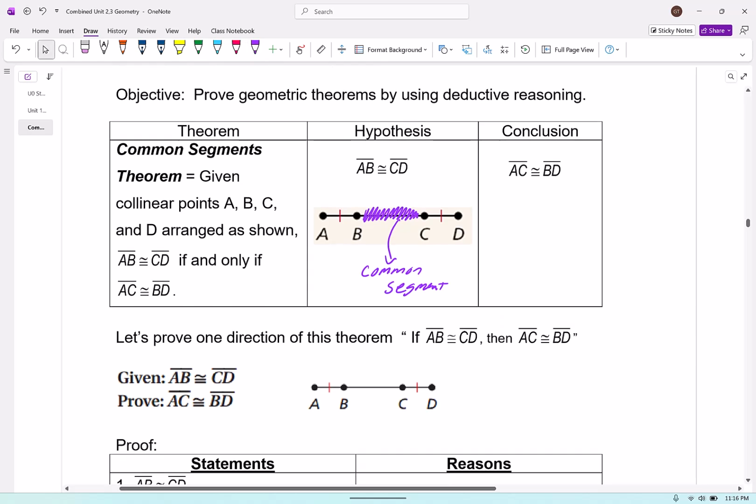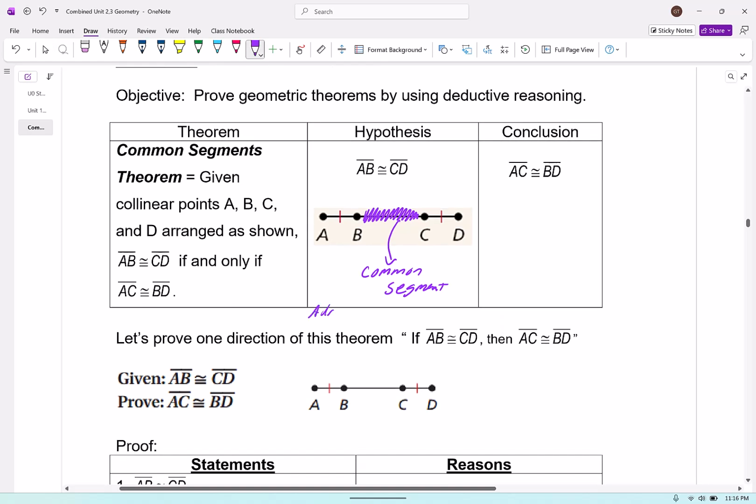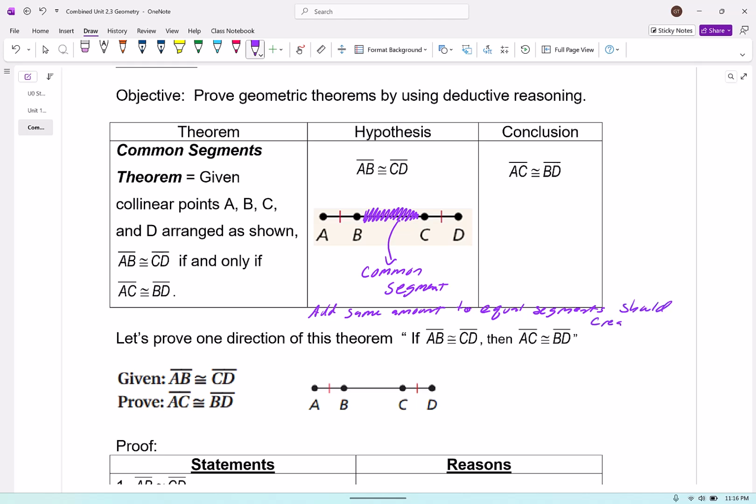So essentially what you're doing is you're adding the same amount to equal segments, which should create equal new segments.